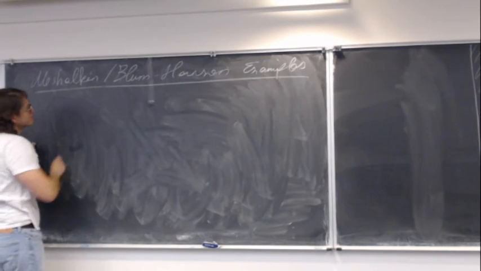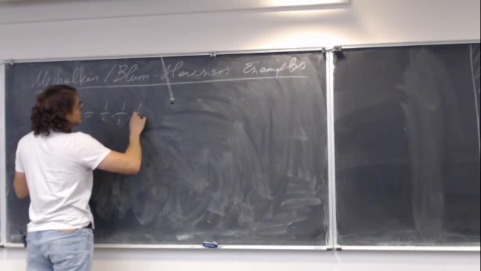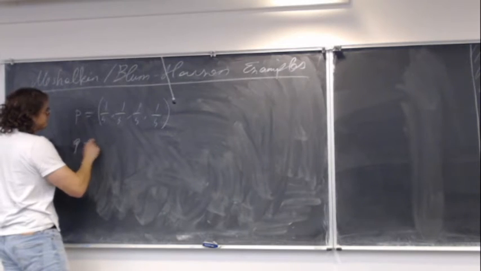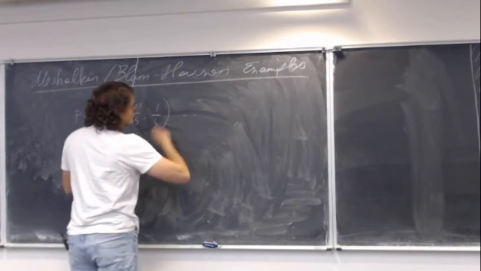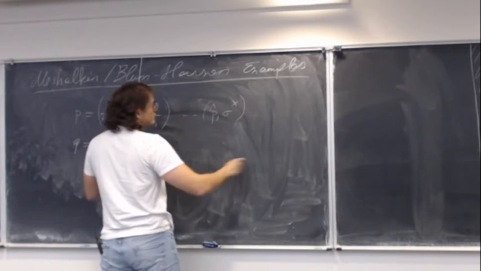For instance, if you look at this and this, so this gives you a system on 4 symbols.